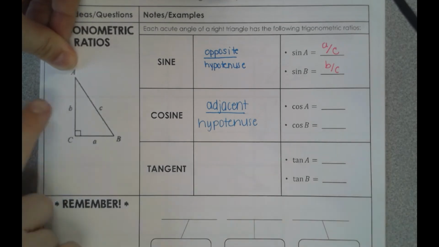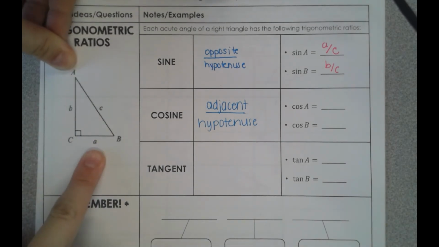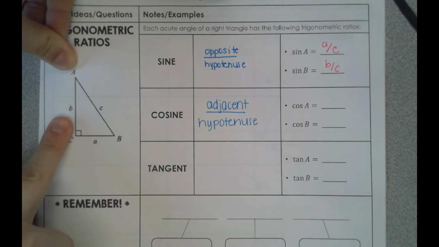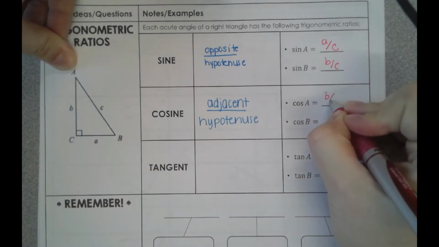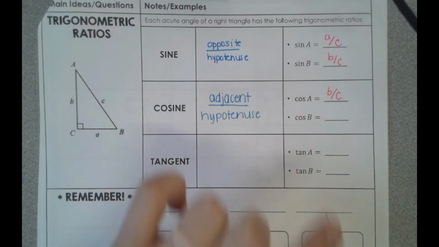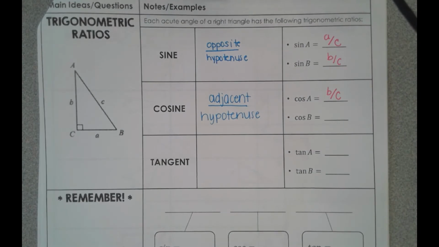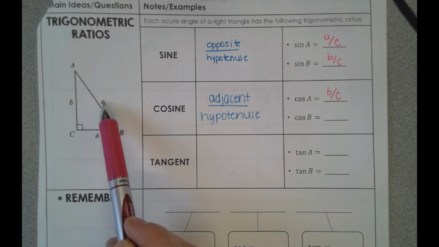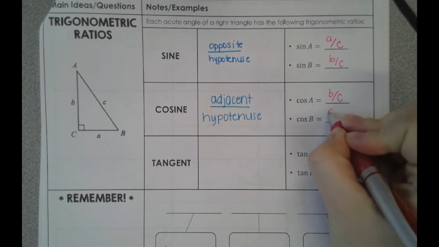It is b. Little a would be the opposite, and c is the hypotenuse, so b would have to be adjacent, and your hypotenuse is still c. So write down what you think cosine of B is. If little b is the opposite and c is the hypotenuse, it has to be a over c.